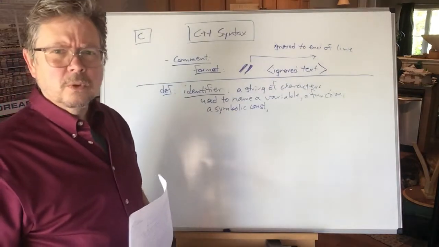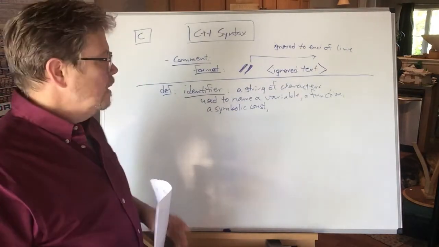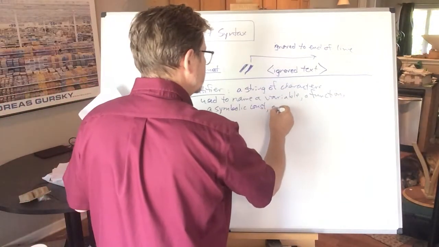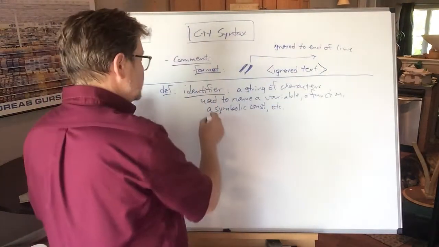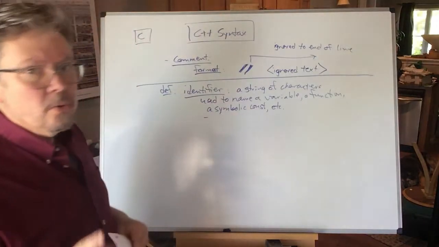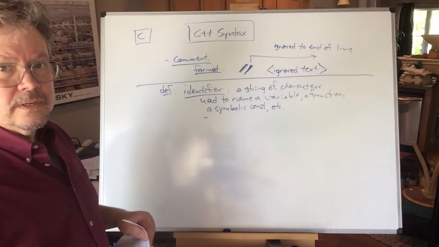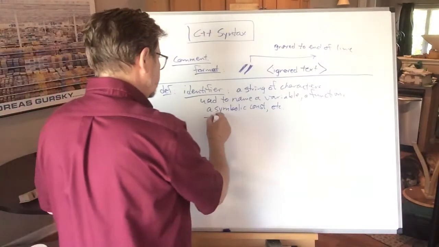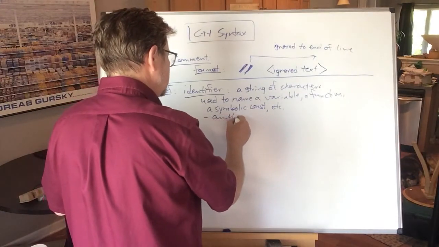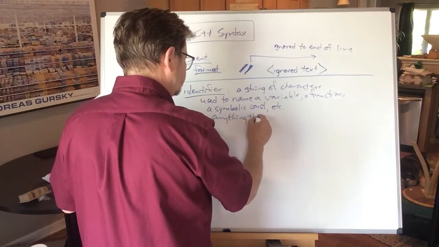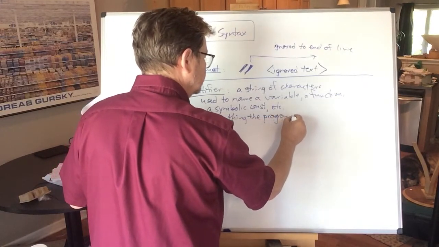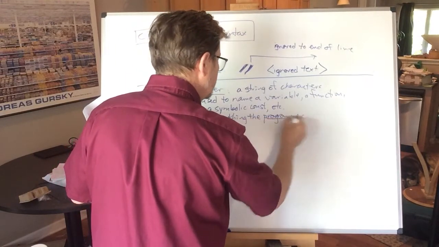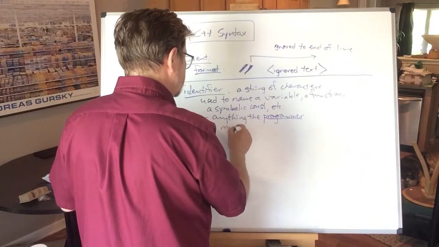I know we don't know what these things are yet necessarily, and I'll put in a second because I left a bunch of stuff out. What do all those things have in common though? This is anything that the programmer, that would be you, by the way, must invent a name for.